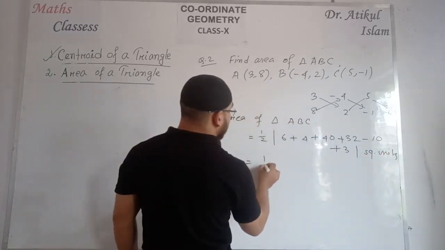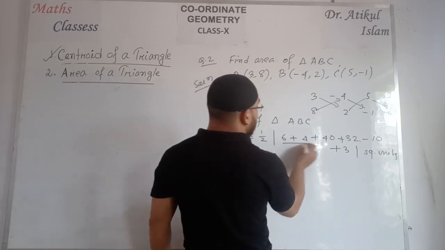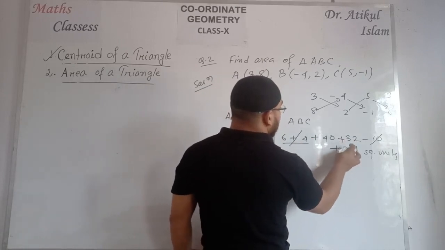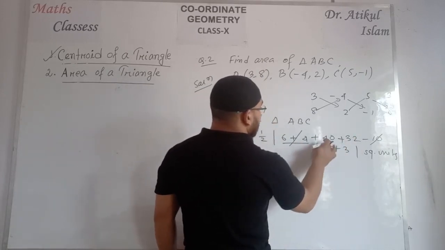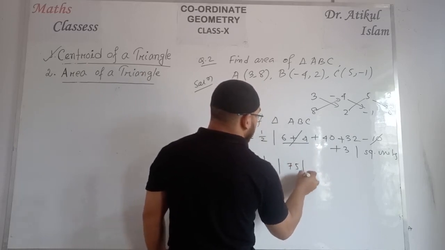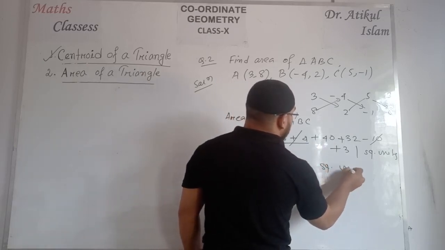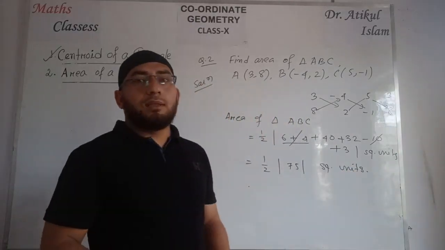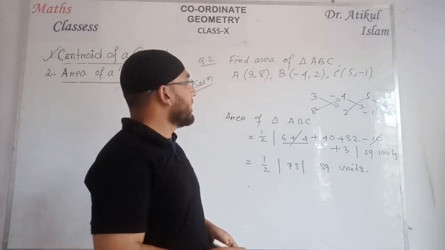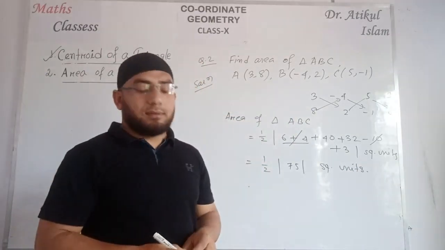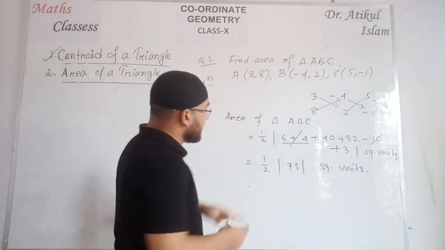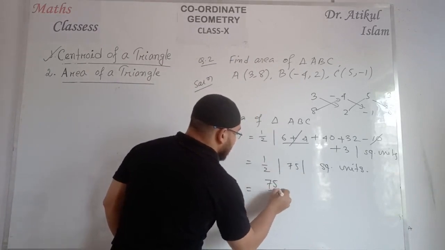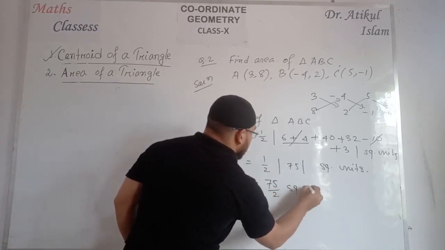So this will be half of 6 plus 4 is 10, so this will cancel. Then here is 35, this is 75 square units. So in this way you can find the area of a triangle whenever 3 vertices are given. Okay. Since here is the absolute sign and the 75 here is positive, you can write here 75 by 2 square units.